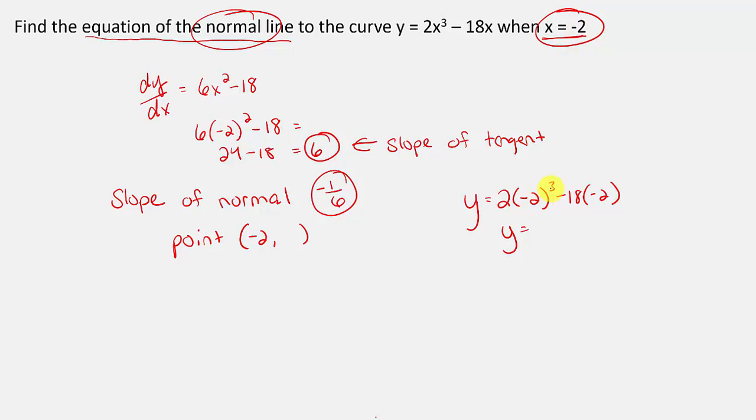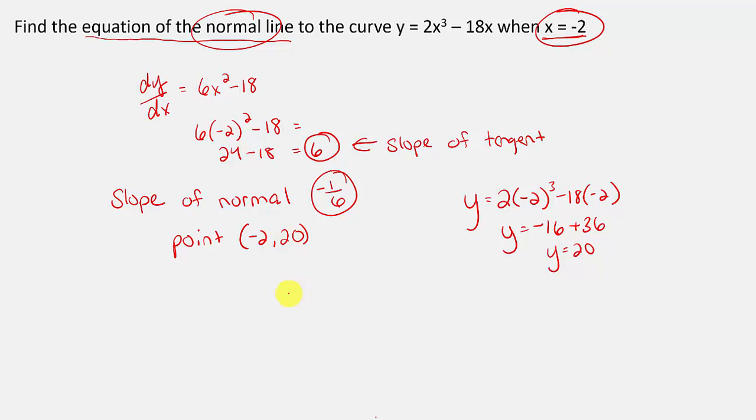So negative 2 cubed is negative 8, times 2 is negative 16. And then negative 18 times negative 2 is going to be a positive 36. So our y coordinate is going to be 20. So the point that we have is negative 2 comma 20.